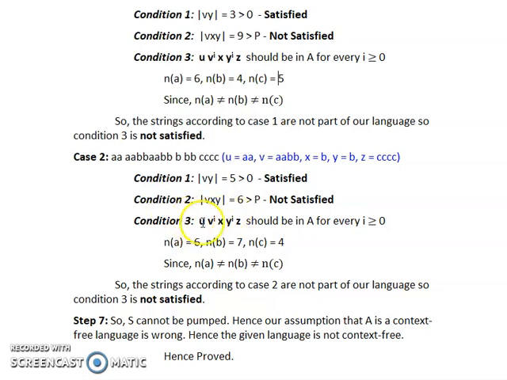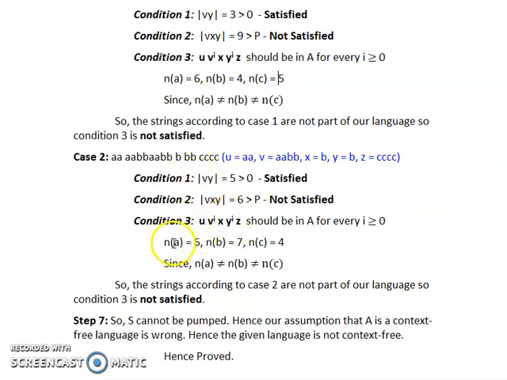Now for condition 3, we are going to put the value of v i times and y i times. That means v to the power 2 and y to the power 2 because we have assumed i to be 2. So what we are doing, aabb is repeated 2 times. So in our string aa, then aabb, again repeat aabb because v is taken 2 times, then b, then single b is repeated 2 times because y is also taken as y to the power i.